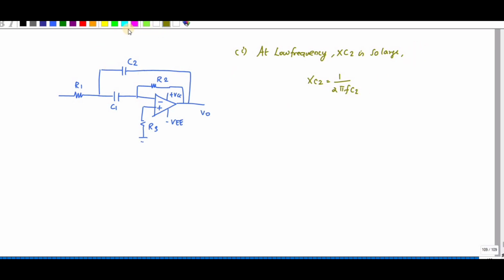So the circuit will change like this. Okay, it becomes open circuited. So if it is open circuited, I can connect R1 and C1, then R2, R3, so the circuit looks like this.